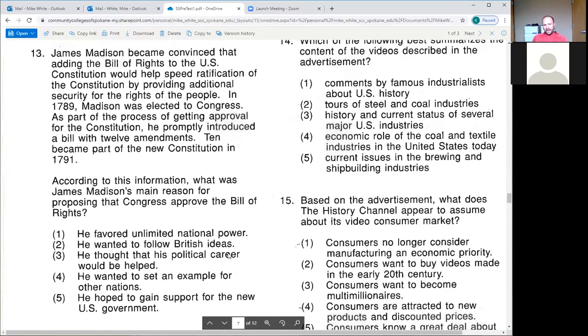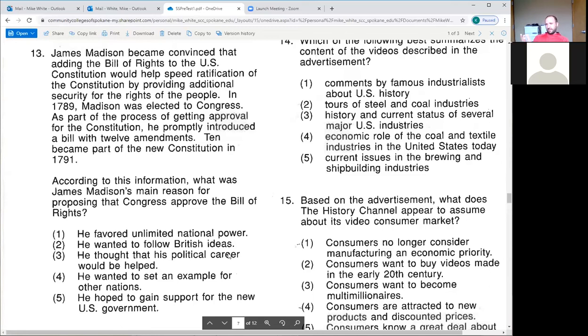So between 4 and 5, he wanted to set an example for other nations. Or 5, he hoped to gain support in the U.S. So this is kind of a weird question in terms of the answer choices aren't great. First, I don't think that they're great options. But sometimes it's your job to just pick the best of what they give you, right? And we're not looking to pick our favorite answer.